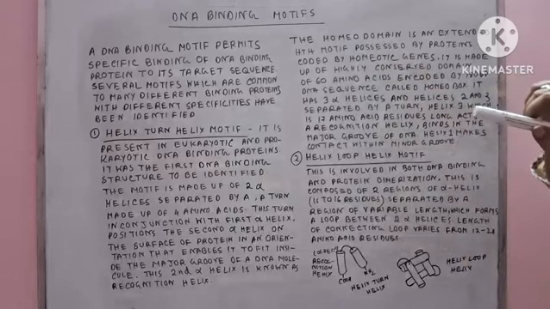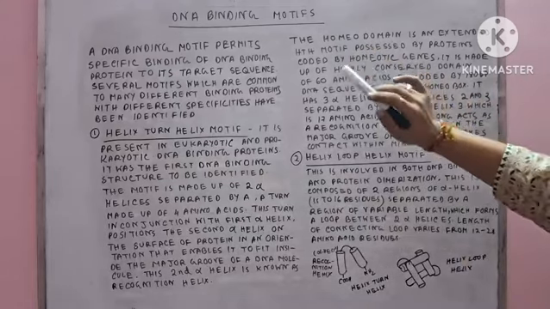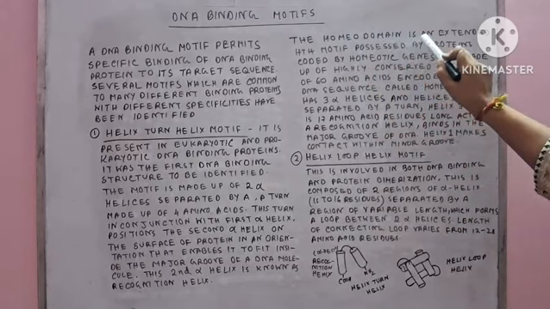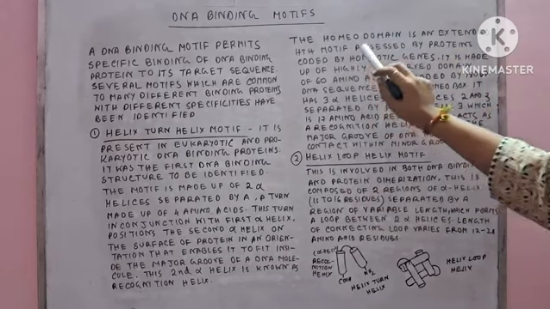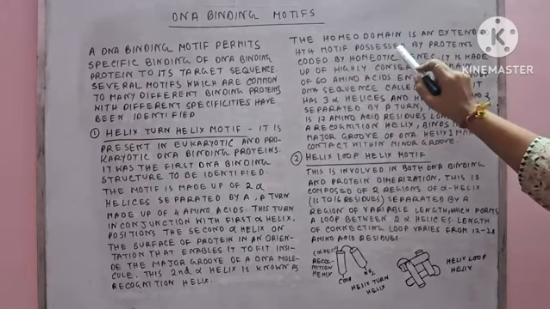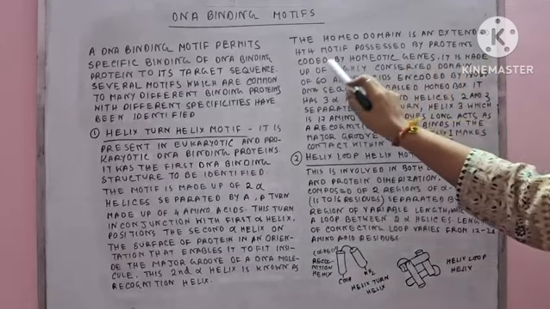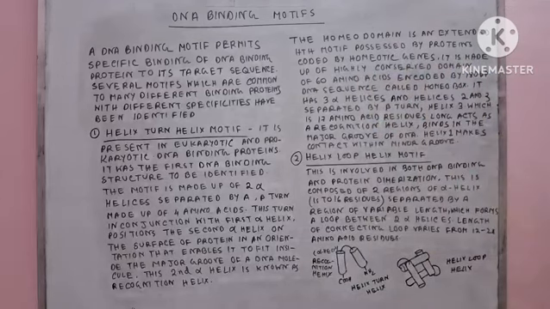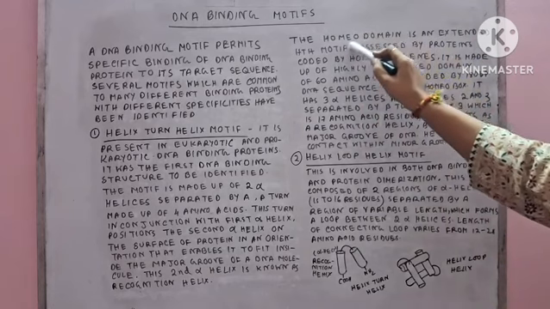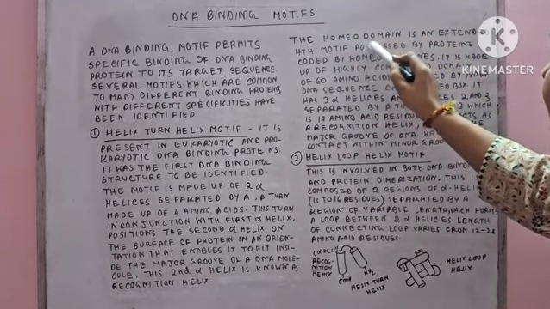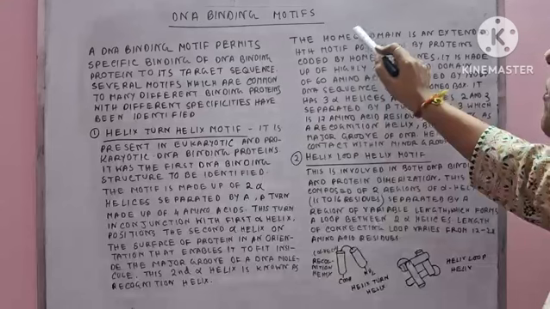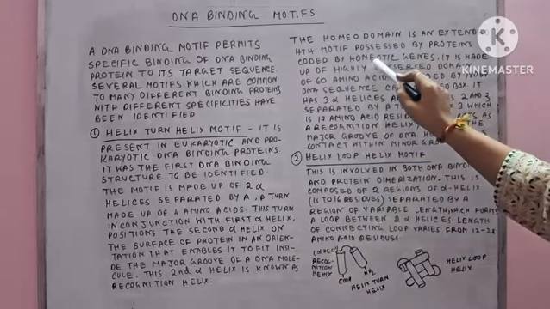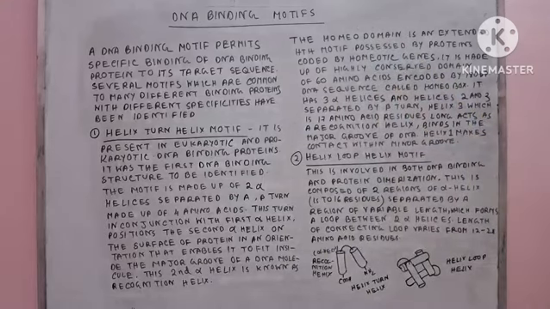And here, the homeodomain is an extended HTH motif possessed by the proteins coded by the homeotic genes. So this is one kind of HTH motif, and it is present in the homeotic genes.